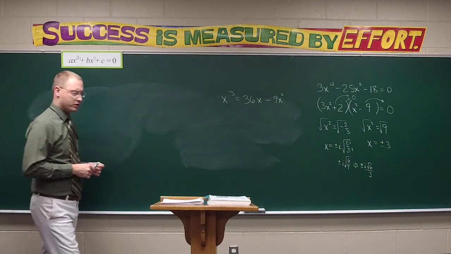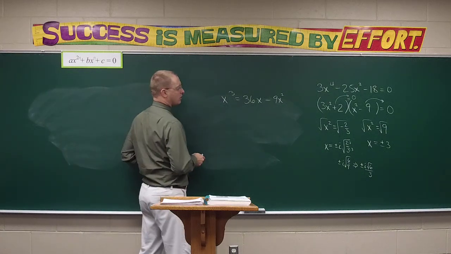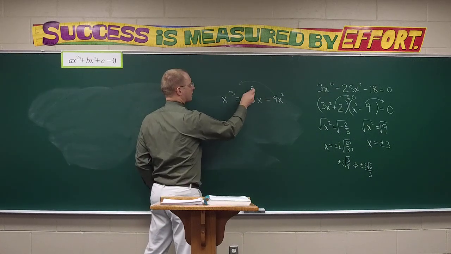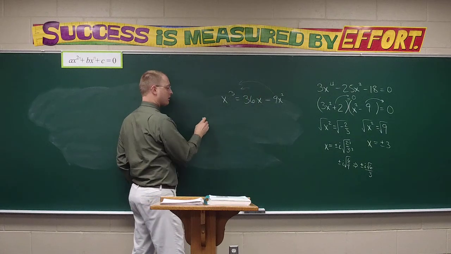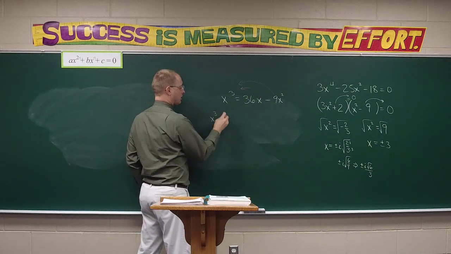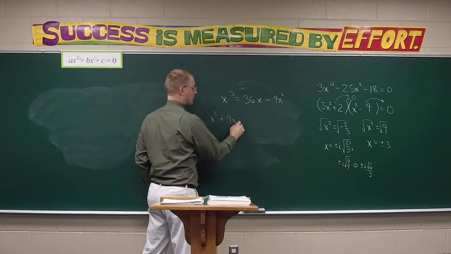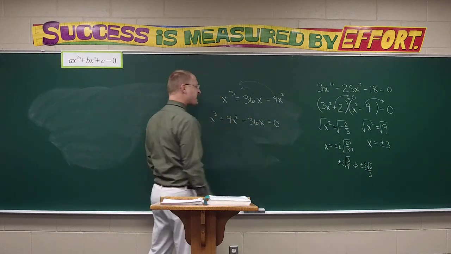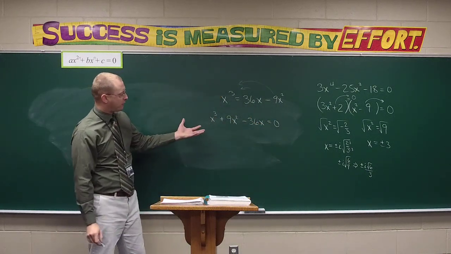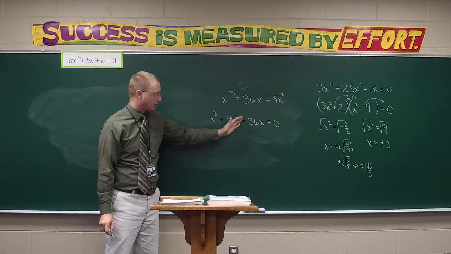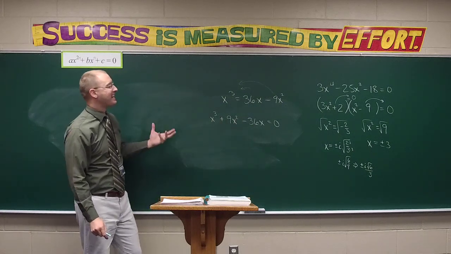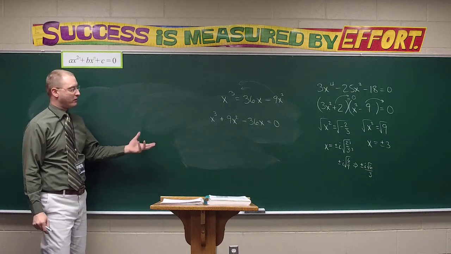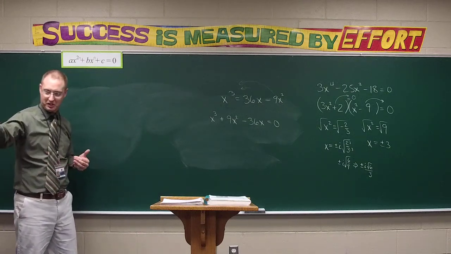Audrey, what did you do first? I moved the 9x^2 and the 36x over. To get x^3 + 9x^2 - 36x = 0. And this isn't technically in quadratic form because it's not doubled, regular, gone. But what can I do next before I can worry about quadraticness or not, Michael?